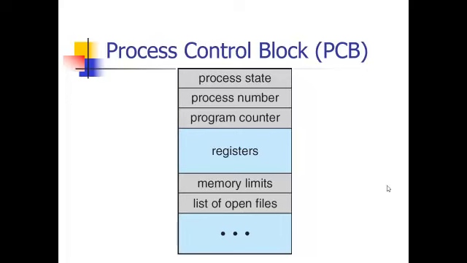Those values will also be saved in the process control block. So the process will maintain a process control block until it terminates, even if there are several processes executing in different states at the moment.